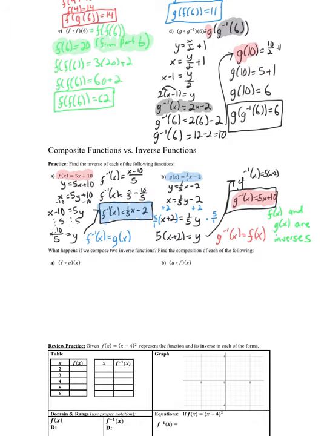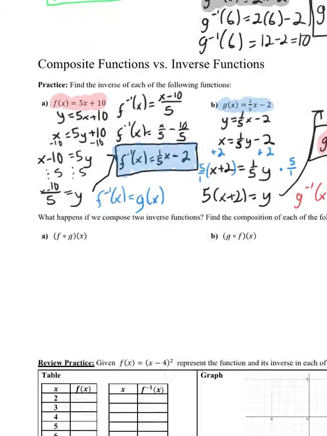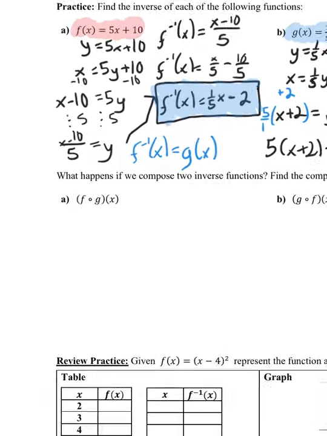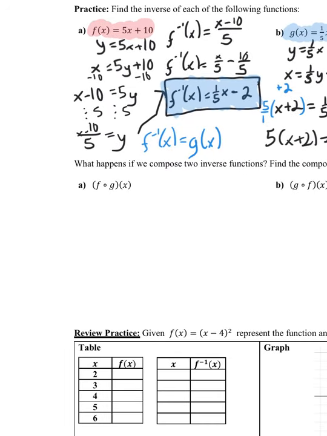So now I ask the question, what happens if we compose two inverse functions? So that means for this one, we want to find f of g of x. So that means we're going to take f of 1/5 x minus 2.